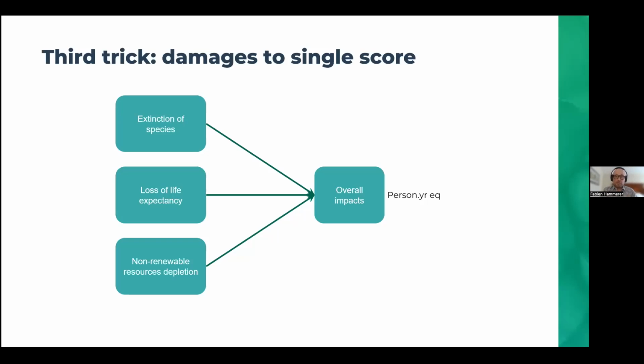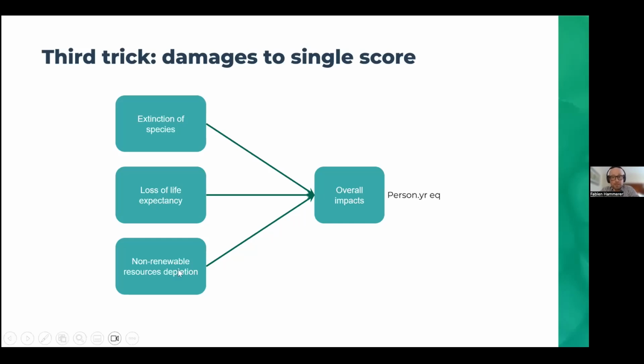While the first two steps were purely quantitative and can be based on facts, this one has a level of value calls. There's no objective way to value the extinction of a species against the loss of life from the human population or the non-renewable resources depletion. This has to be something that is arbitrarily decided and that has to be based on the values that one holds. So it means that we step away from objective quantification to just making a call.